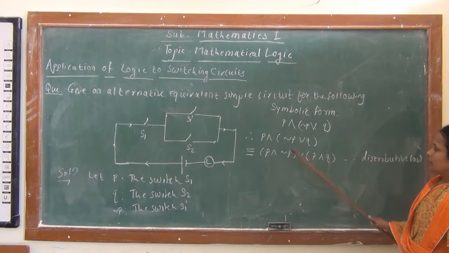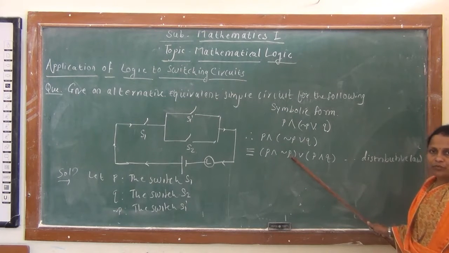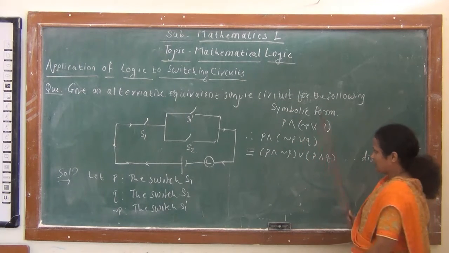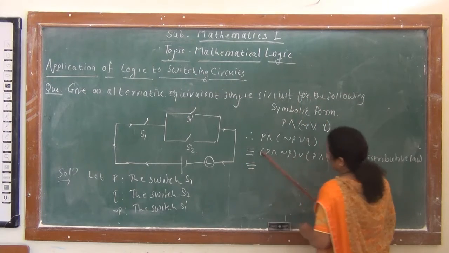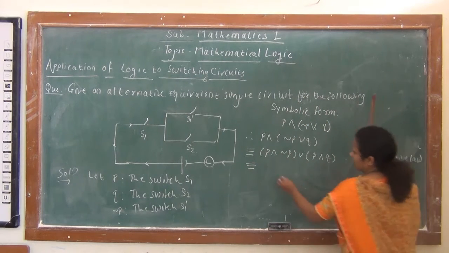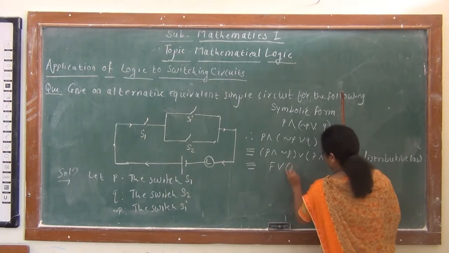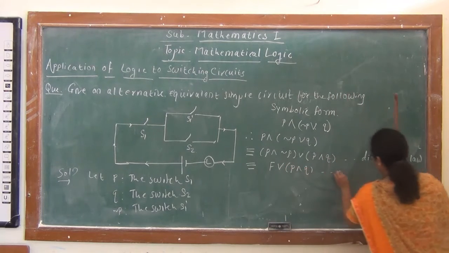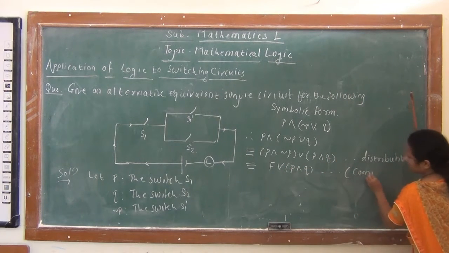Now for this P and negation P, we know by using the complement law, we write F, so F or (P and Q). Right, reason here: complement law.